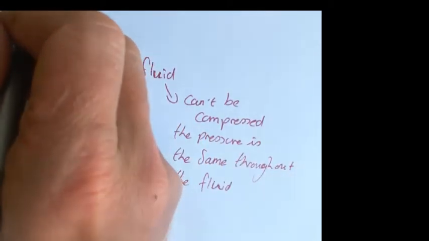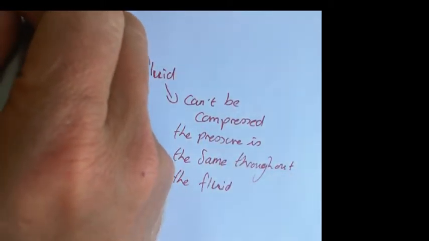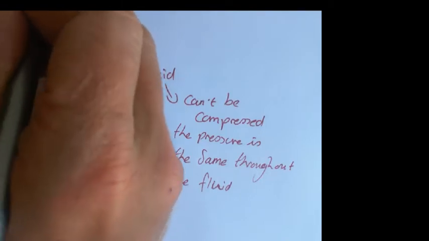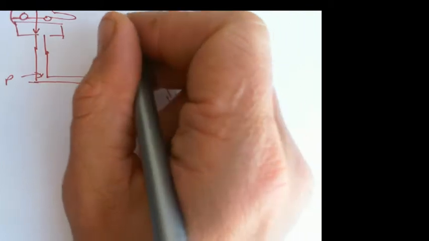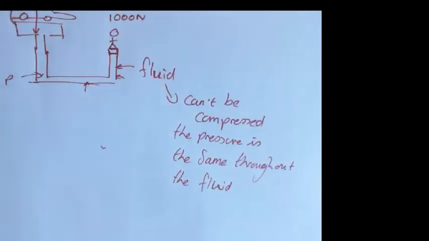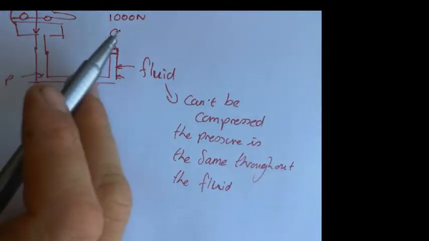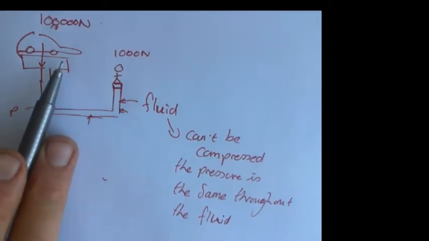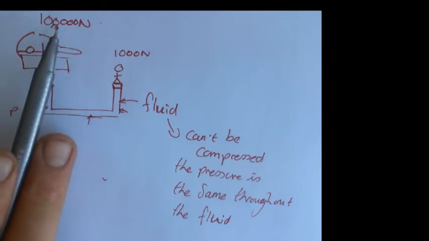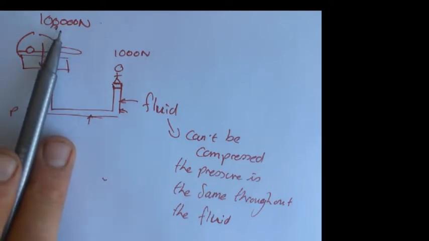So if this car weighs 100,000 newtons and this person has a weight of 1,000 newtons, this person can lift this car even though this car is 100 times bigger than them.